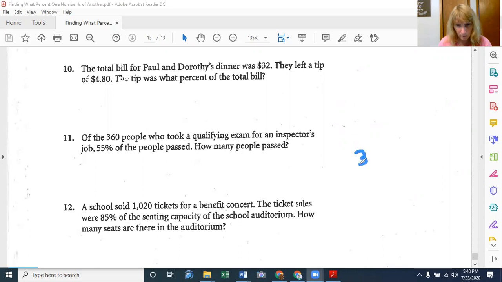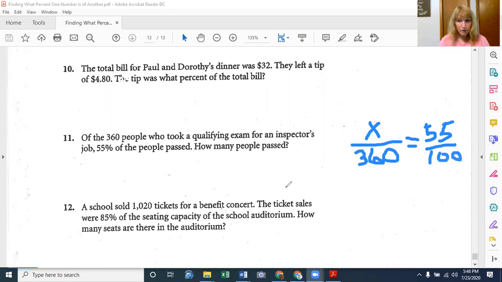So there's a total of 360, that's your whole. We're missing the part, and we're given the 55% over 100. So yeah, give those all a try.